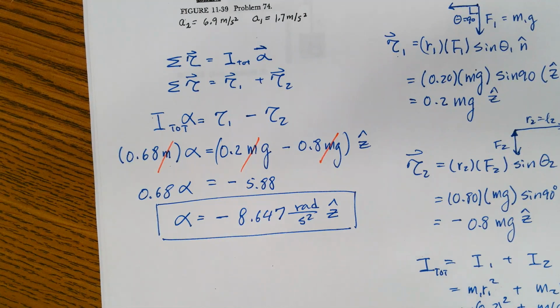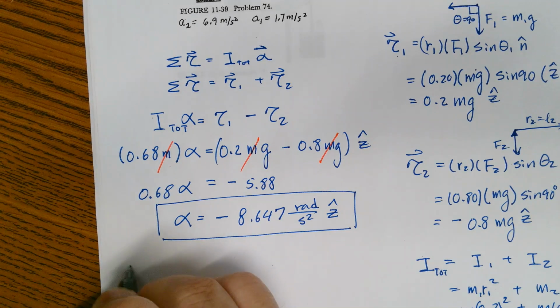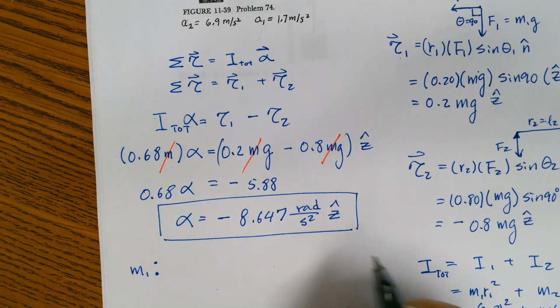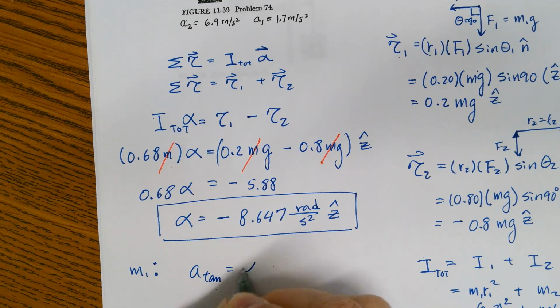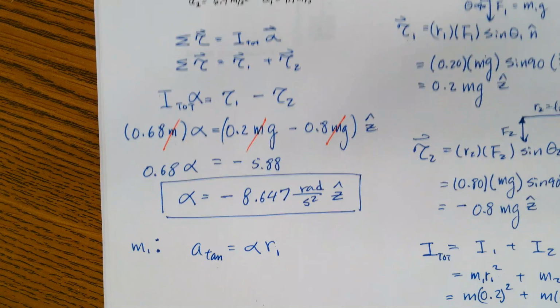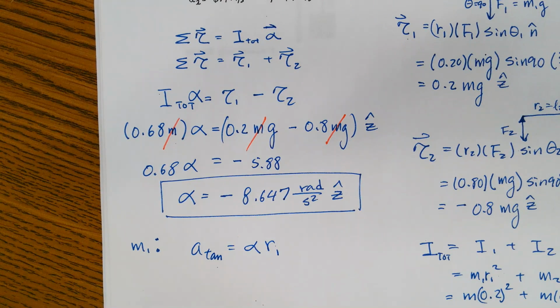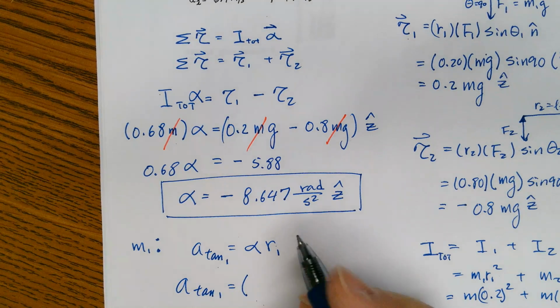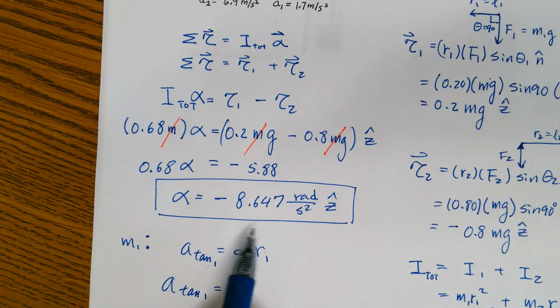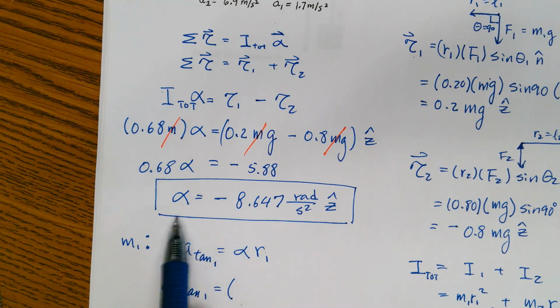Therefore, for M1, my tangential acceleration is equal to alpha times R1.